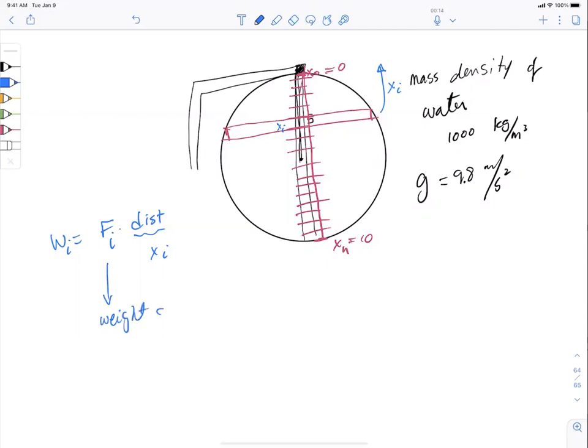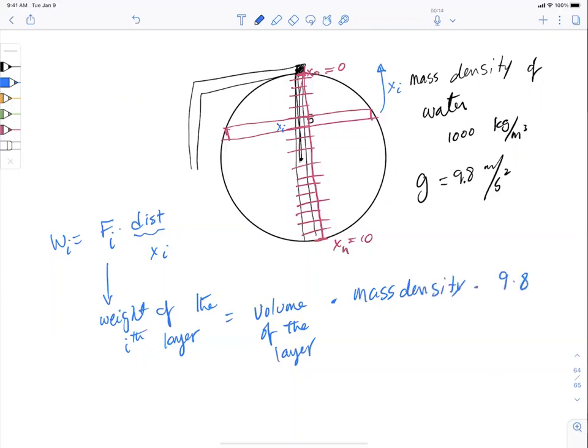The weight of the ith layer is going to be the volume of the layer times mass density times 9.8. So this makes it weight density, and this makes the weight or the force that you need.